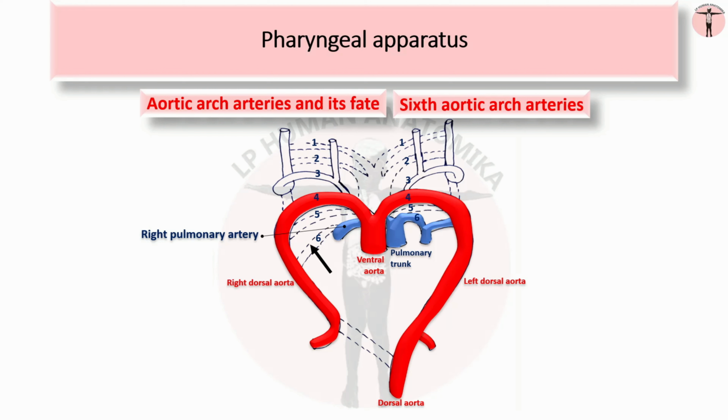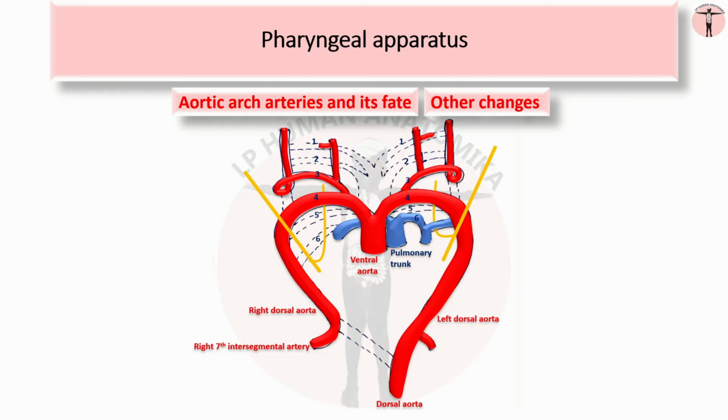On the left, the proximal segment develops into the left pulmonary artery and the distal part persists during intrauterine life as the ductus arteriosus, which in the adult remains as the ligamentum arteriosum. A number of other changes occur along with alterations in the aortic arch system.